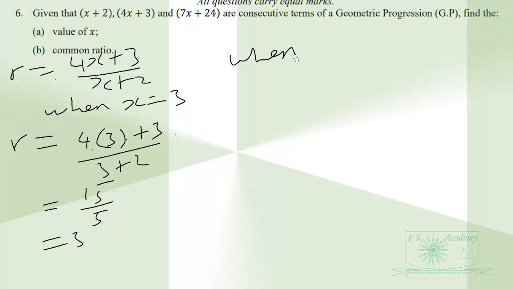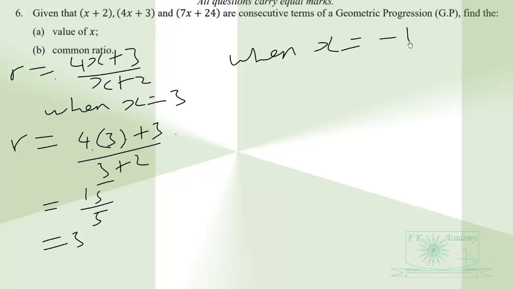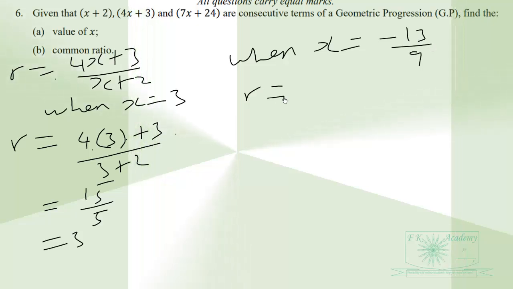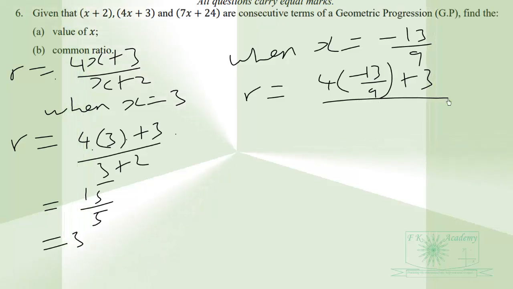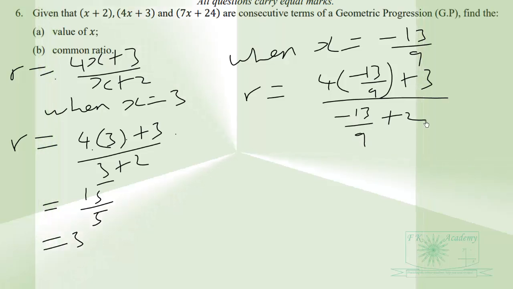Then when x is equal to negative 13 over 9, the common ratio will be equal to 4 times negative 13 over 9 plus 3 all over negative 13 over 9 plus 2.